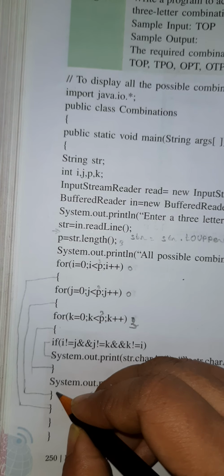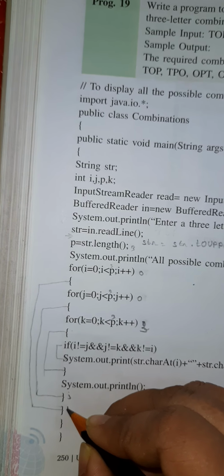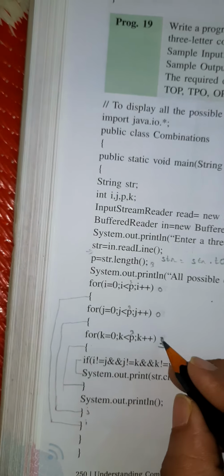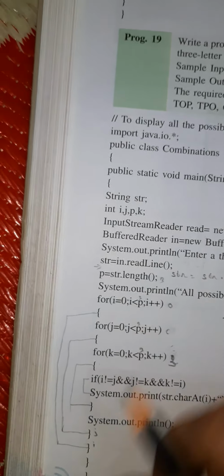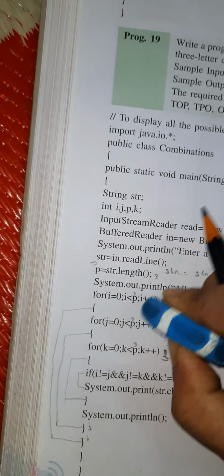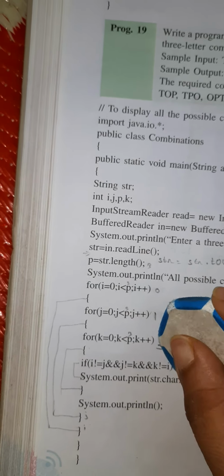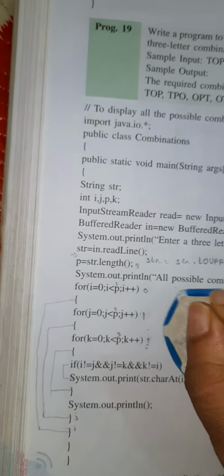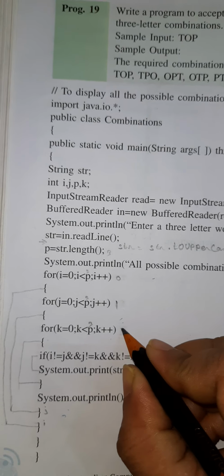Now this is j and this is i, so j increases to 1. Now the j value is 1, so again k will start from 0.